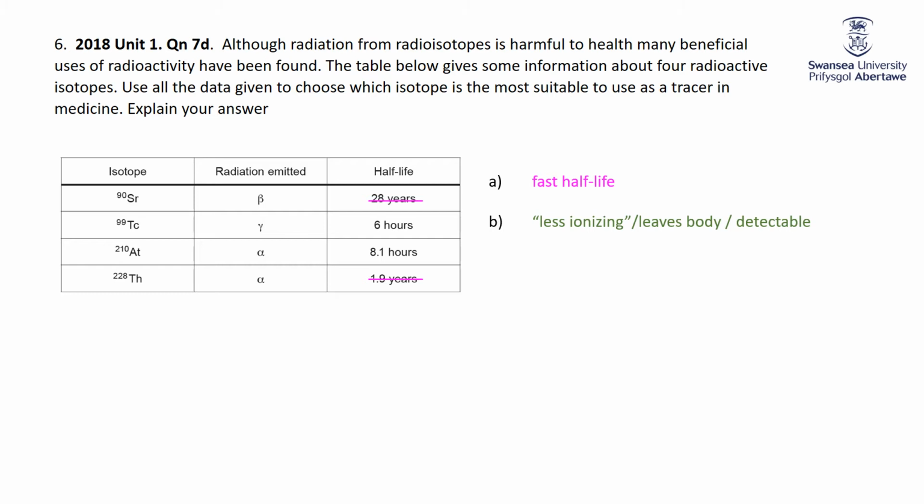Alpha particles can't penetrate squat, and so it's much easier to detect gamma rays outside of the body because the alpha particles can't actually get through the skin to be detected. So with all that, you get rid of the alpha and you keep the gamma. Thus 99 technetium is the one on this list. 99 technetium, arguably the most important radioisotope in terms of its use in medicine as a tracer.